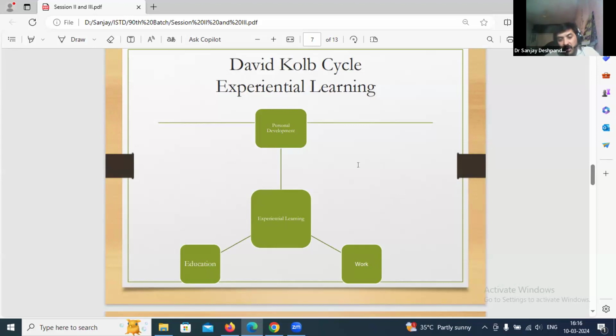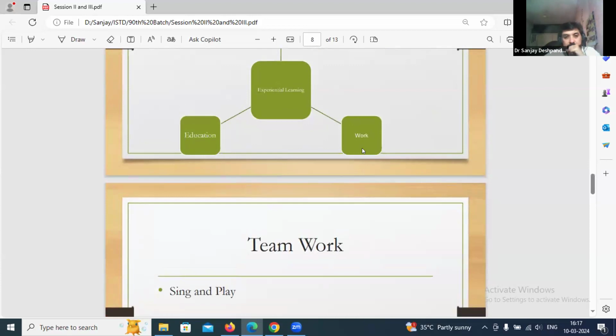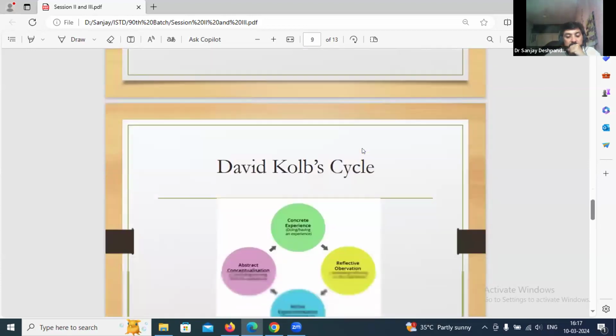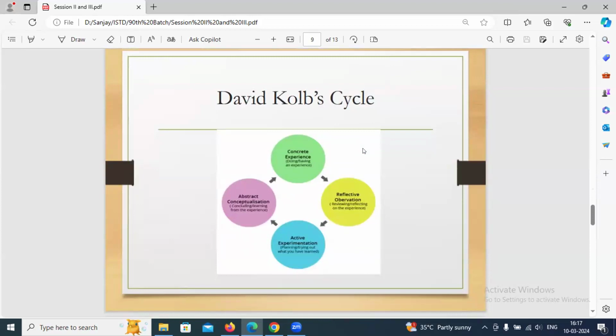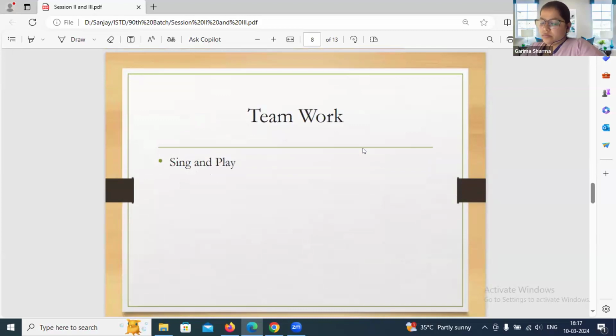This model is just for your reference. Experiential learning is said to happen in three ways. One, by personal development. Second, through work we learn, and through education we learn. Are you all with me? Yes, sir.